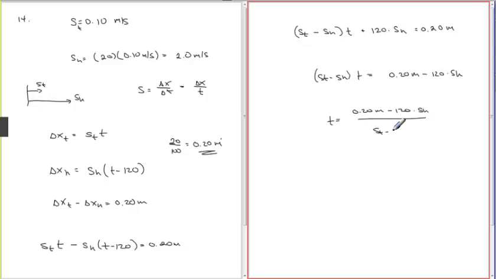So now we just need to plug in. So we have 0.20 meters minus 120 times the speed of the hare, which is 2.0 meters per second. This has units. 120 is a time. So you have time times meters per second, which gives you meters.